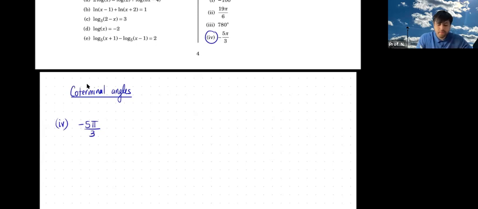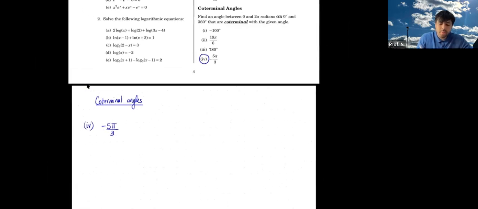Number 4. So negative 5 pi over 3. I want an angle to be coterminal to this. Now, coterminal angles, remember we discussed, are angles that refer to the same terminal side. In order to refer to the same terminal side, you have to add 360 degrees to get the next one, or you have to subtract 360 degrees to get the next one.